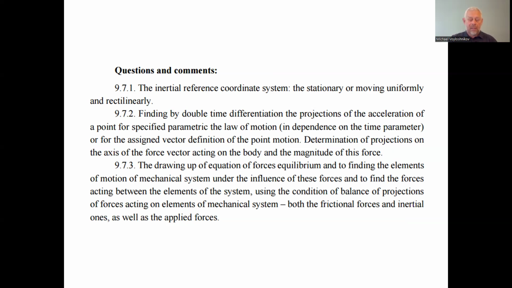Then we can transform this into the parametric assignment. Actually, I do not find any big difference between the parametric assignment and the vector assignment of the motion, because the vector assignment is that of the components as well. But formally, these assignments of the motion are a little bit different.